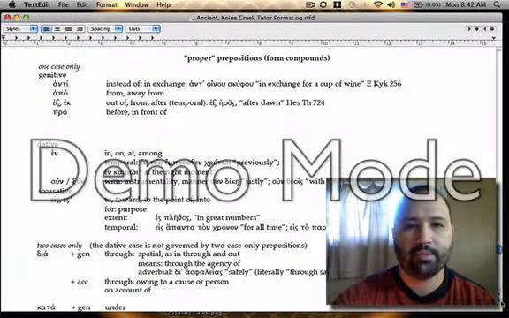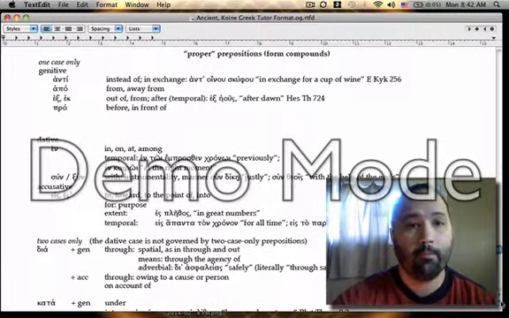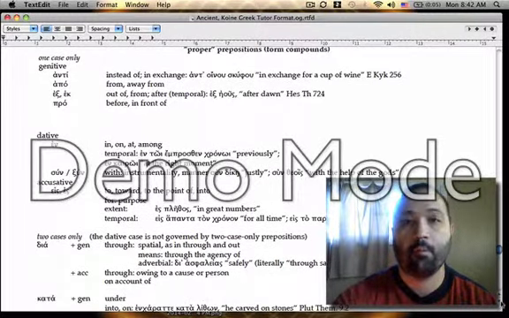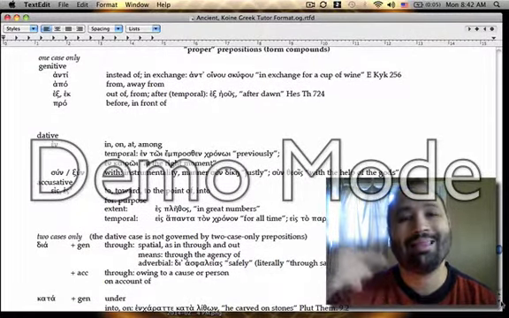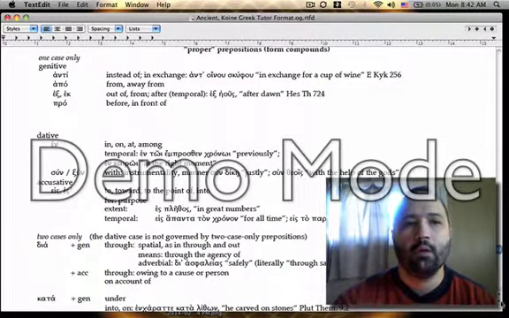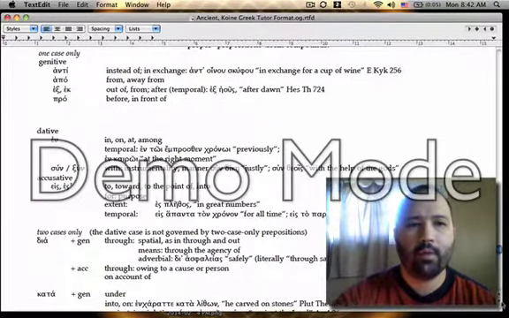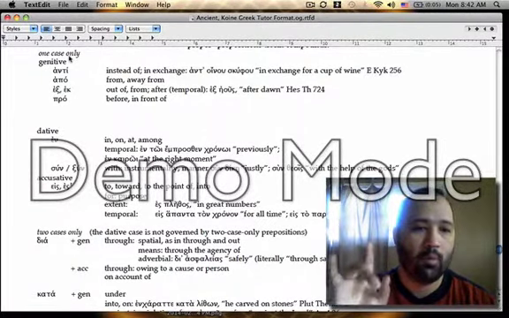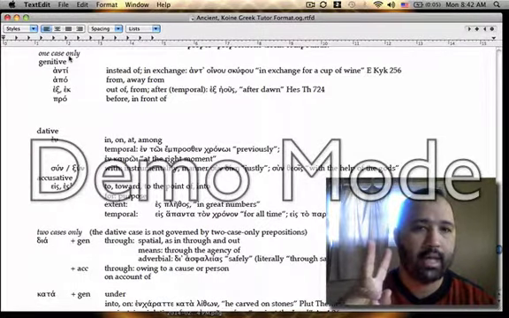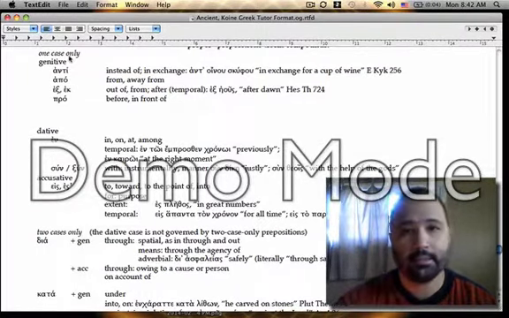Proper prepositions form compounds, which is what we use with anti Christos. So let's go over this really quick. Some prepositions are used with one case, two cases, or three cases.